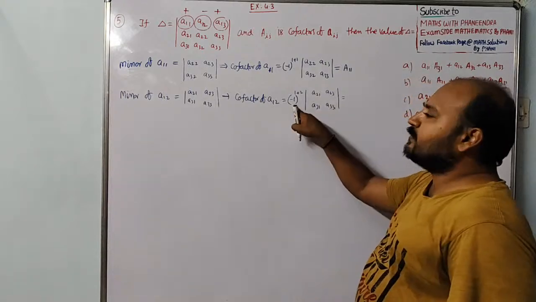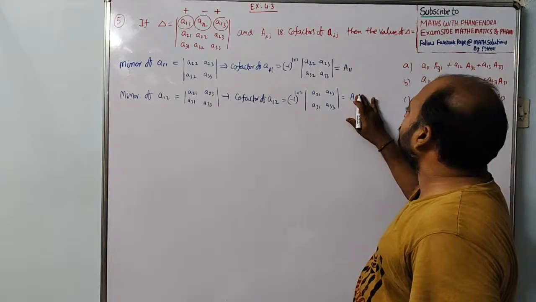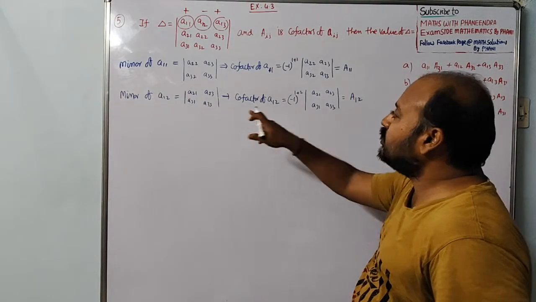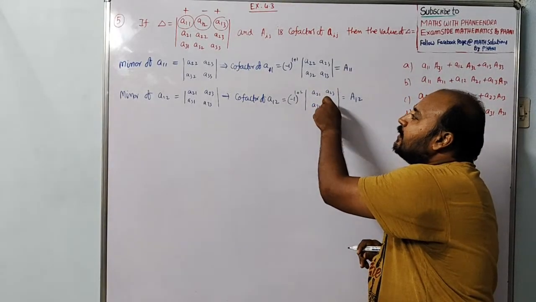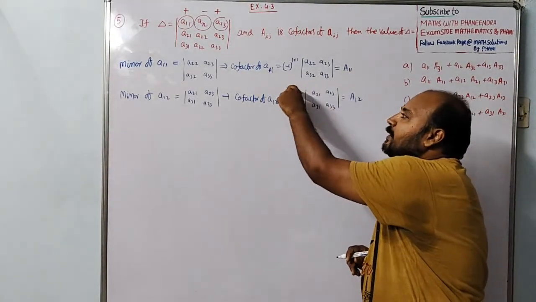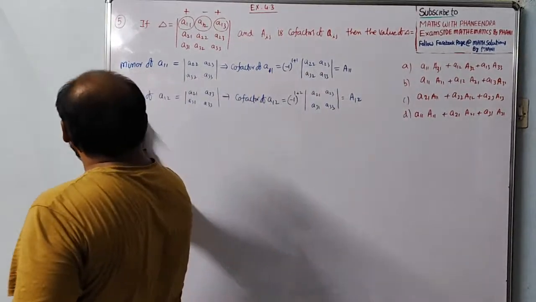After simplifying, this minus also will include, you can get it as capital A12, dear students. Why I am not writing minus is, after simplifying this AD minus BC, this value multiplying by minus, you will get this answer. Keep in mind, dear students.